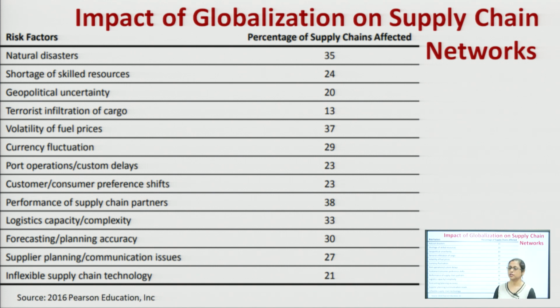Inflexibility of supply chain technologies, that means if the company is not able to change its processes, activities and infrastructure as per the volatile preferences of the customer, would also lead to 21% of impact. So, you can see there are various factors that need to be taken care of by any company entering into the global supply chain.